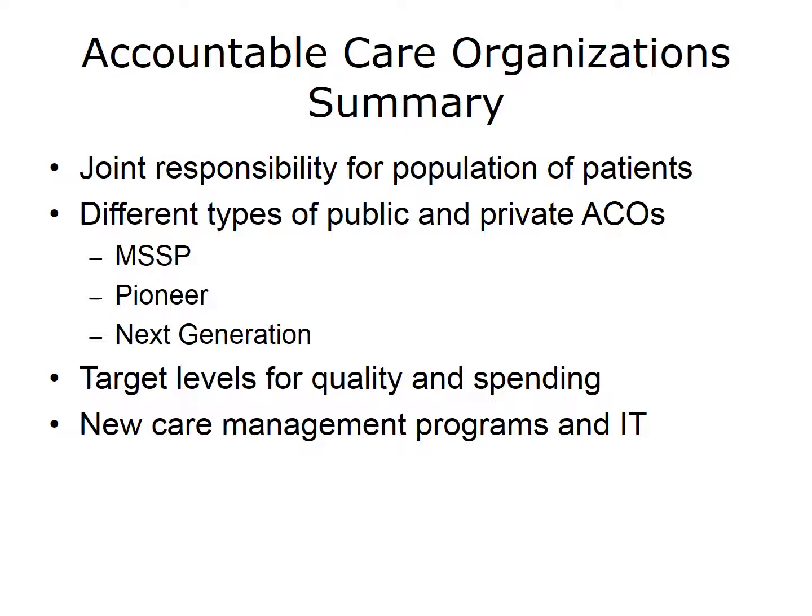Some of the most common public sector ACOs are Medicare Shared Savings Program, Pioneer, and Next Generation programs. ACOs must set and meet target performance levels for quality of care and spending. If they meet their targets, they can share savings with the government or private payers. ACOs will require new care and care management programs and information technologies.